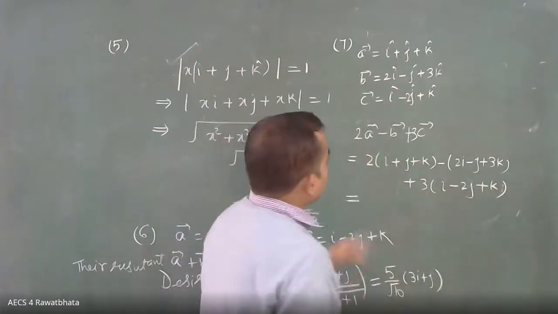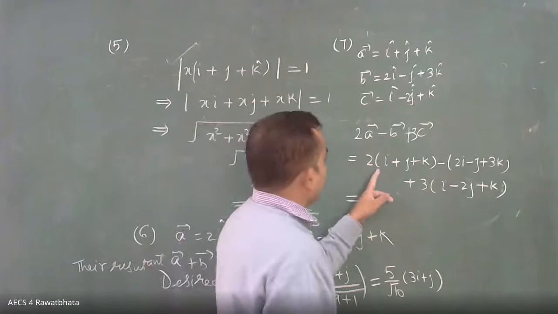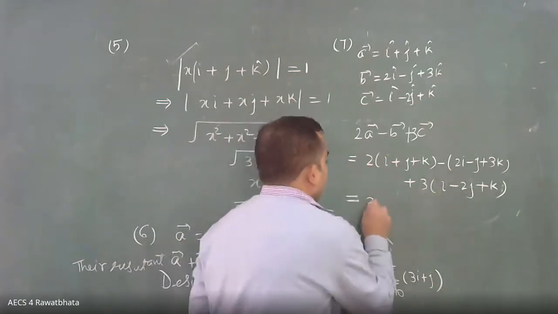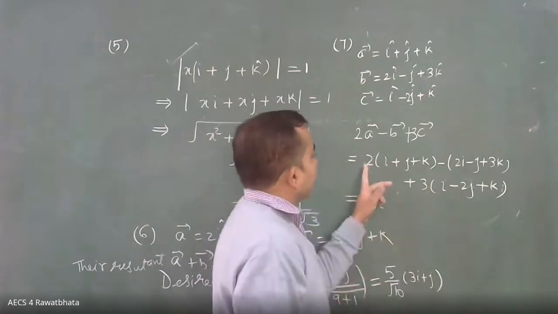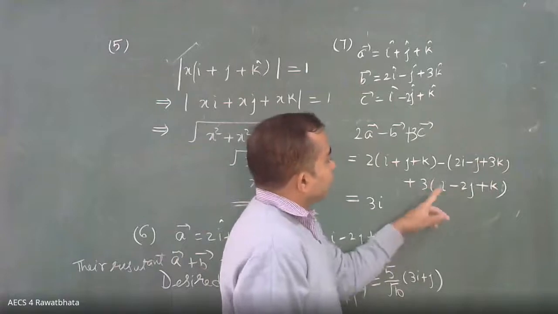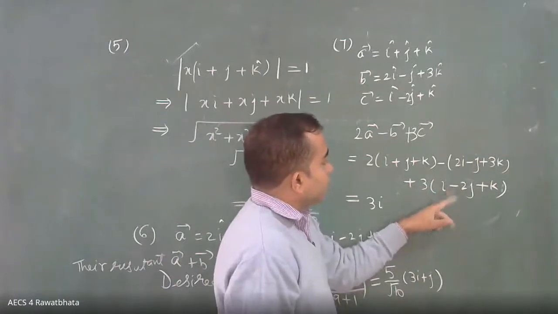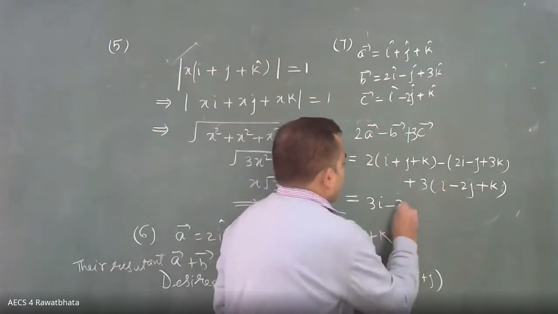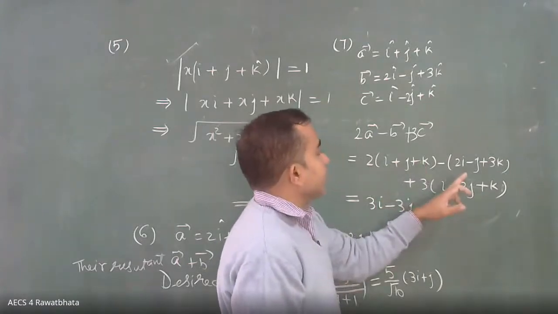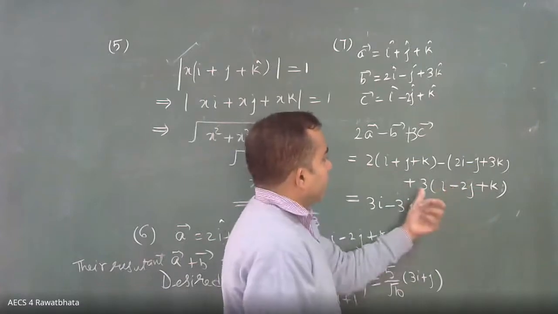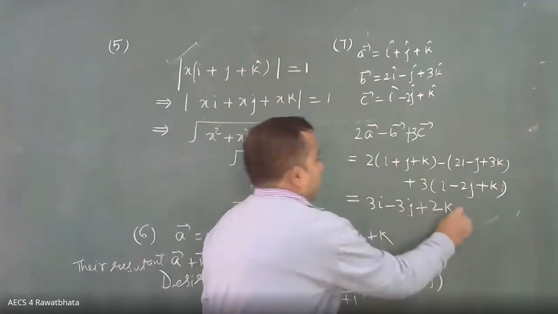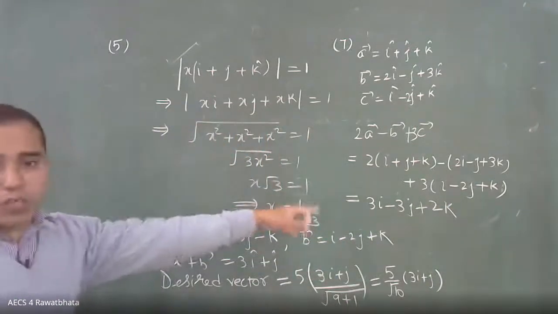So this is going to be, let's simplify i component. 2i minus 2i plus 3i is 3i. Then j. 2j plus j is 3j. 3j minus 6j is how much? Minus 3j. Then 2k minus 3k is equal to minus k, and minus k plus 3k is going to be plus 2k. This is the desired vector. This cannot be a unit vector.